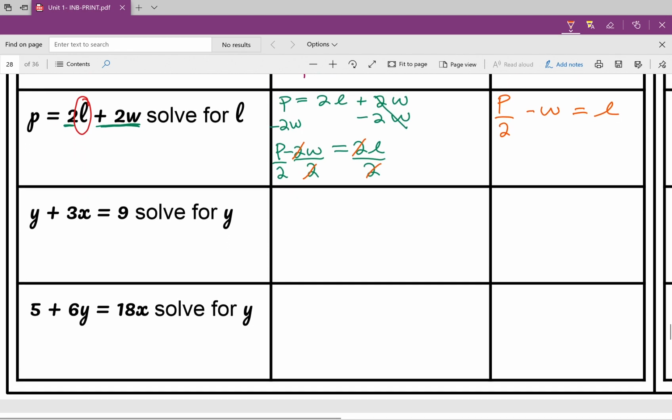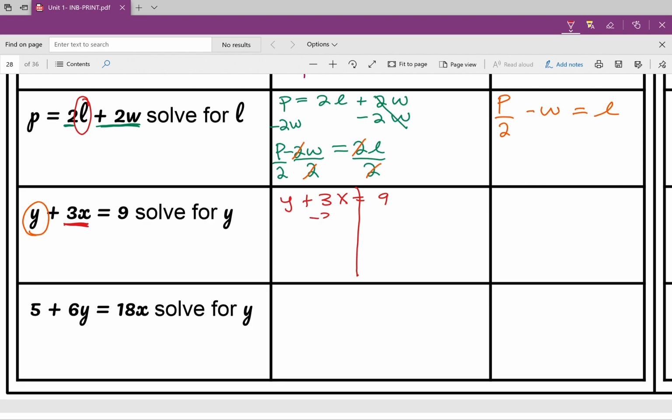Okay, number 3. It has y plus 3x is equal to 9. It wants us to solve for y. It wants us to get y by itself. So that means the only thing I need to get rid of is this 3x right here. Okay, so I'm going to rewrite this. Y plus 3x equals 9.